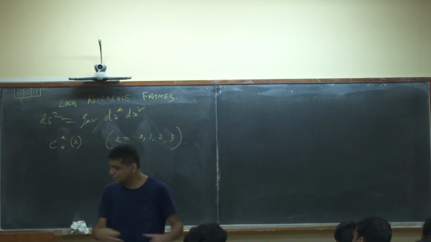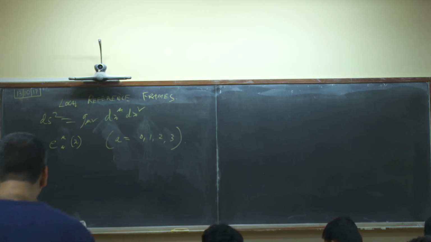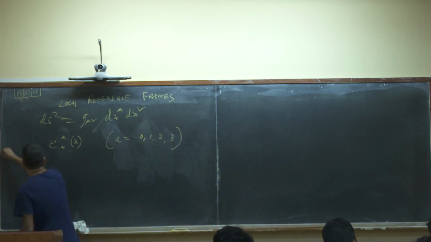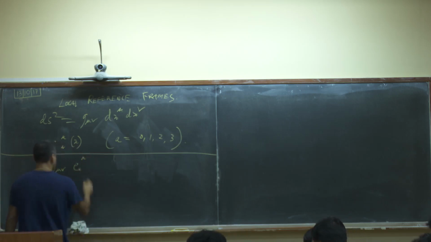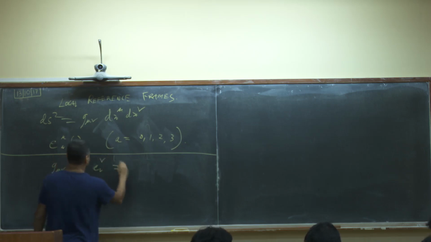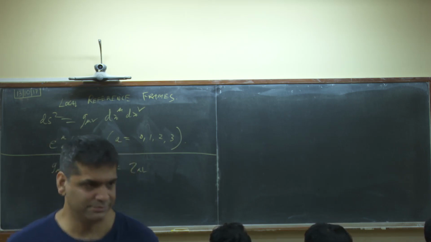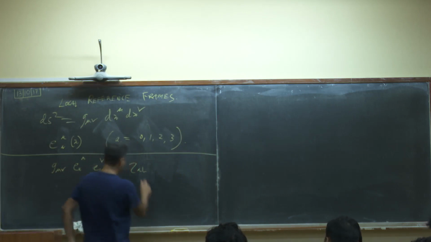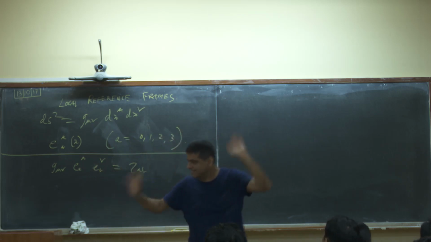The E A mu are vector fields. They're functions of x. There are 4 different vector fields, labeled by A. And I will choose them to have the following properties: g mu nu, E A mu, E B nu is equal to eta A B. Eta is the diagonal matrix, minus 1 in the 0 direction, 1 in space.